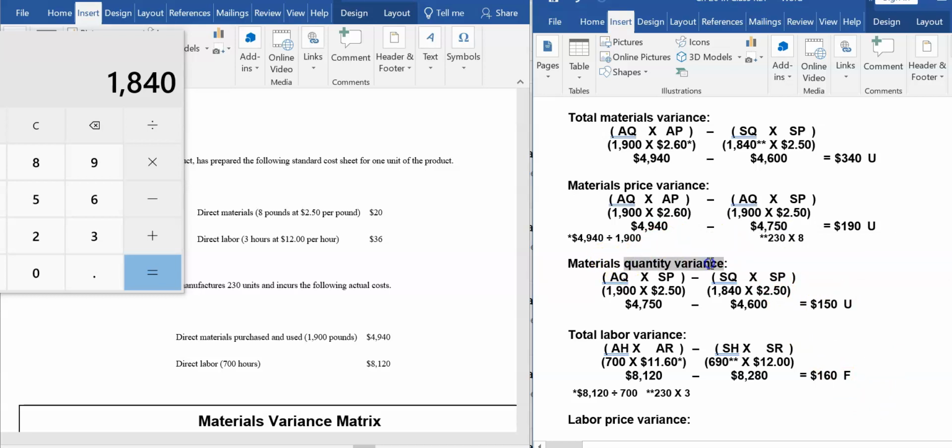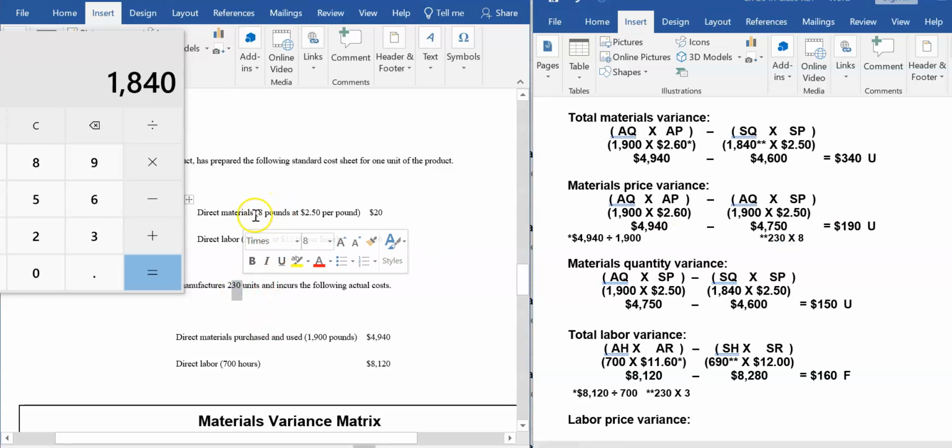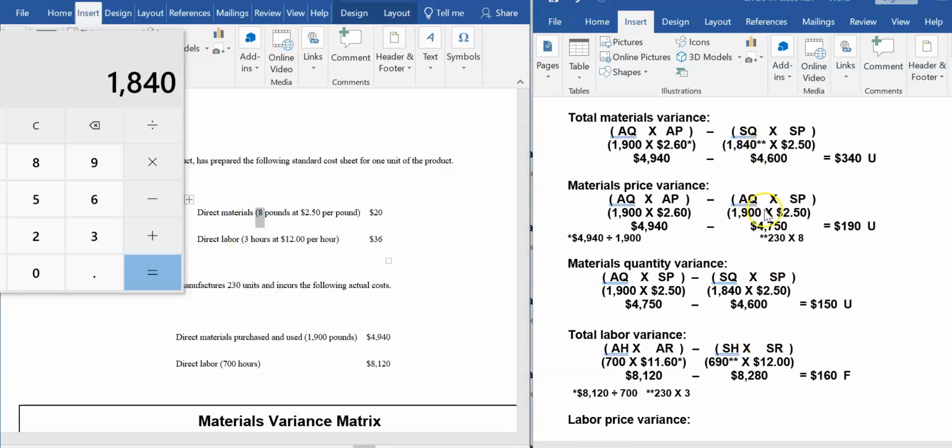Now for the quantity, we're going to multiply the actual quantity by the standard price, which is our flex budget, and compare that to the total budget, standard quantity times the standard price. Here is our standard quantity, which remember was the 230 units produced at 8 pounds per unit standard.